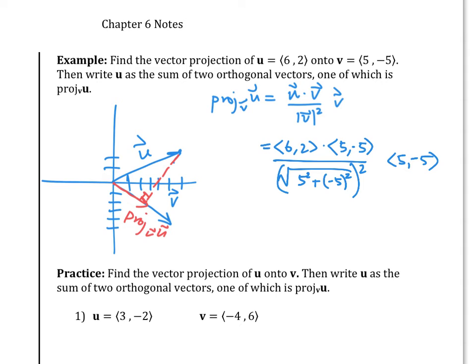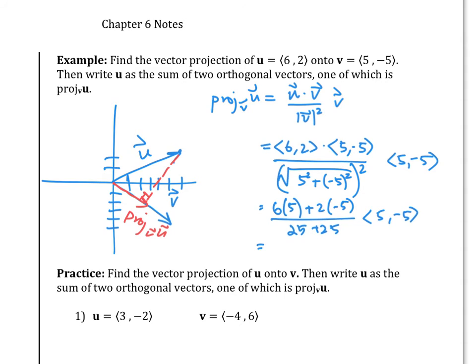Now this is just calculation. First, (6, 2) dot (5, -5) is just a dot product: 6 times 5 plus 2 times -5. Over the square root of something squared means just take off the square root, so that's 5 squared plus -5 squared, which is 25 plus 25. And then the whole thing times (5, -5).